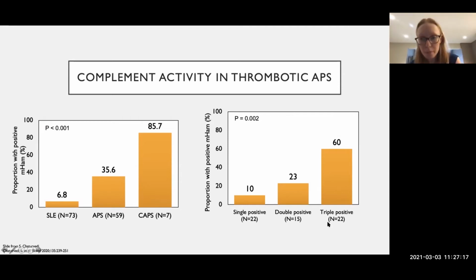And those with more positive antibodies, the triple positivity of anticardiolipin, beta-2 glycoprotein, and lupus anticoagulant, also had more functional complement activity compared to somebody who had maybe one of the antibodies positive.